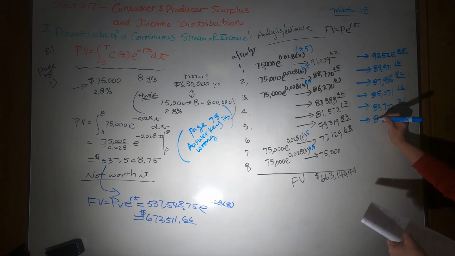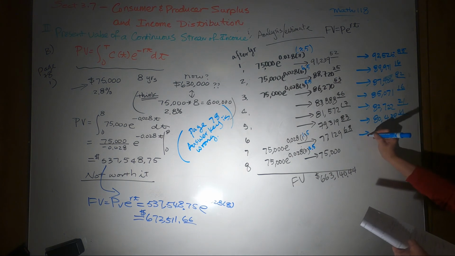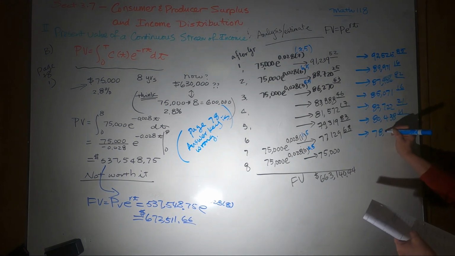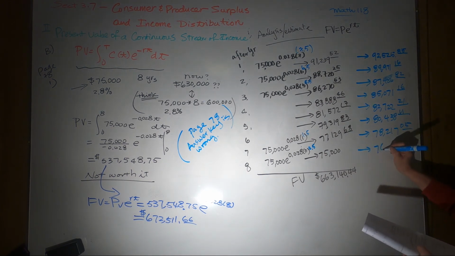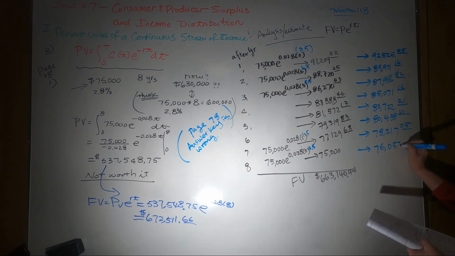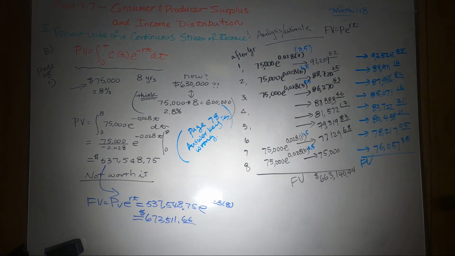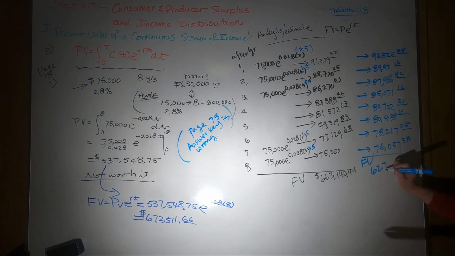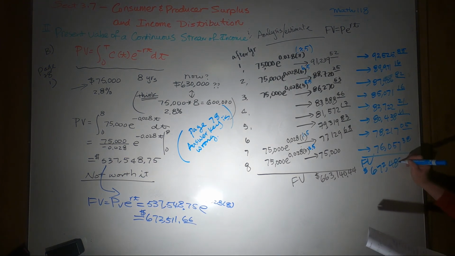So this one is 80,438.11. Then this one is 78,217.05. This one is 76,057.38. Okay, when I do that, then I add all of them up. My future value is what? 672,489.70.